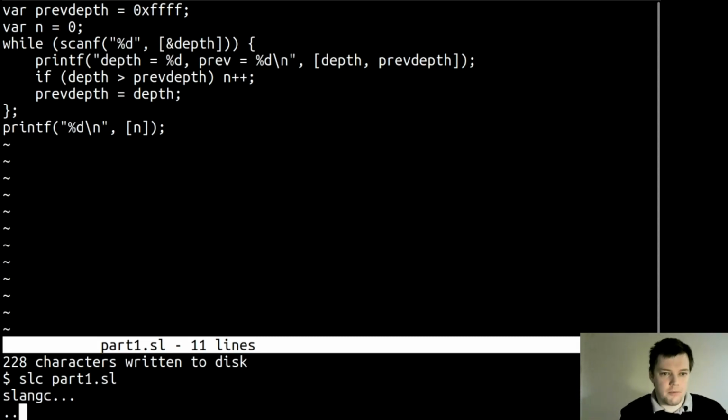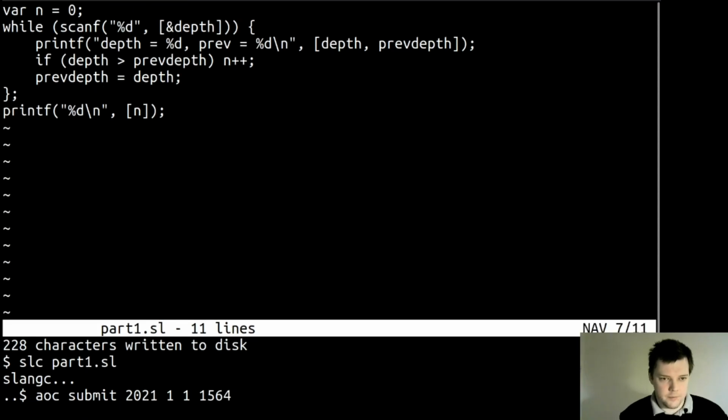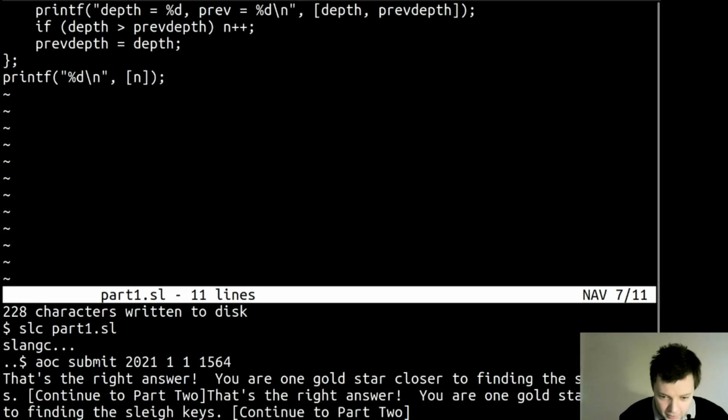My initial prev depth is negative, so it thinks the first depth is greater than that. That's annoying. I should have used the unsigned magnitude comparison operator. Where it goes, if depth greater than prev depth, the initial prev depth is -1. Yes. Okay.